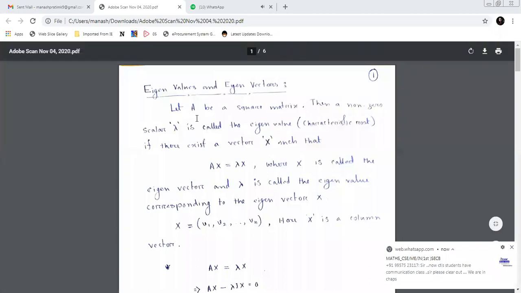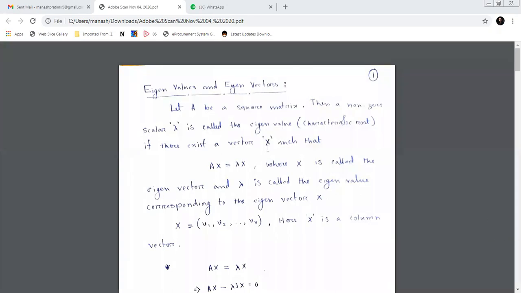Let A be a square matrix. Then a non-zero scalar lambda is called an eigenvalue if there exists a vector x, where this x is a column vector, such that Ax equals lambda x.